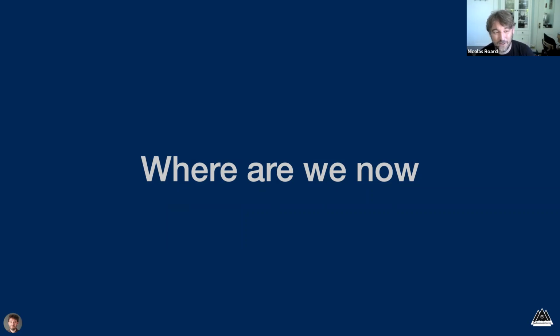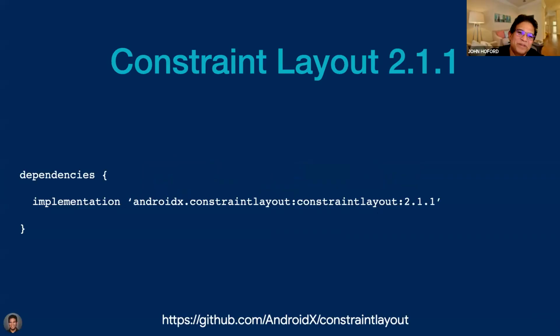If you're interested in working on electric vehicles and interesting UI work there, please contact me. But I leave ConstraintLayout in really good hands with John. And in fact, we just released the new version. Yes, we released last week 2.1.1 of ConstraintLayout, so the 2.1 or 2.x line of ConstraintLayout.